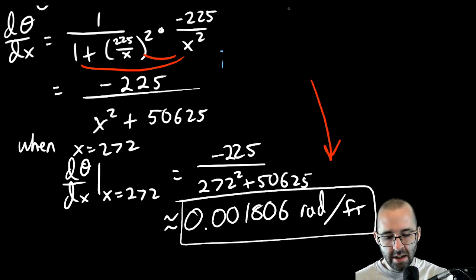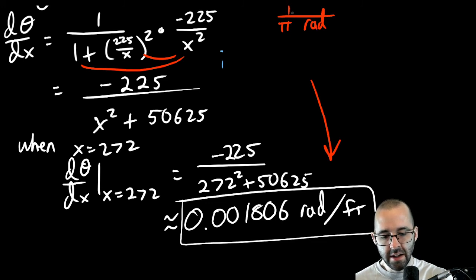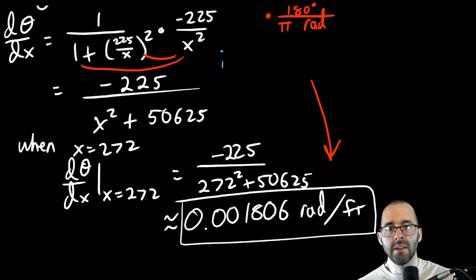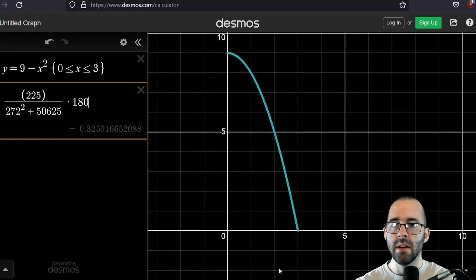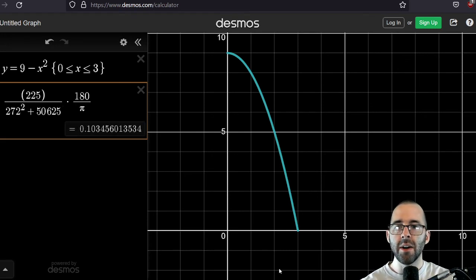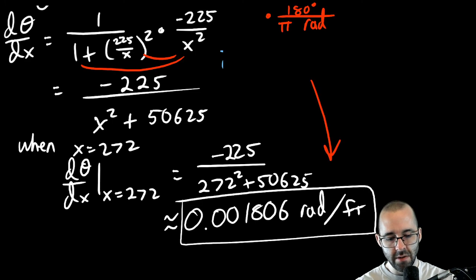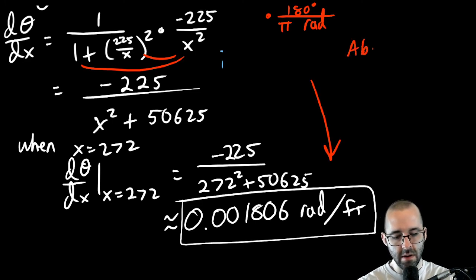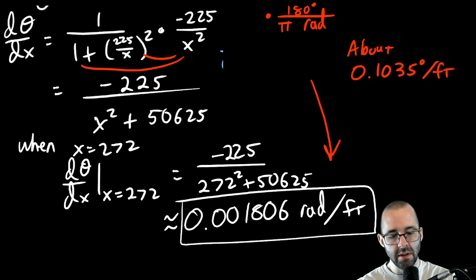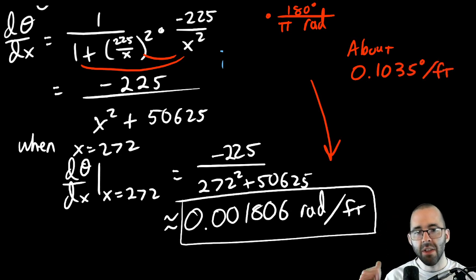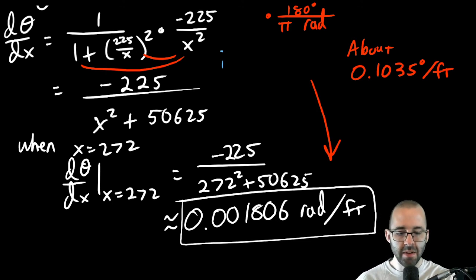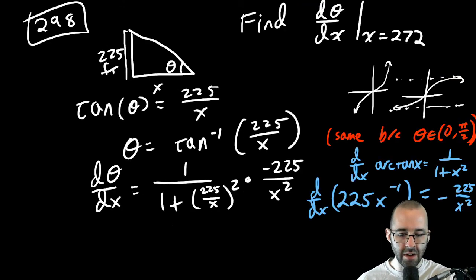We know that pi radians is 180 degrees, so we multiply by 180 over pi, and the radians on the top and bottom cancel. That'll be about 0.1035 degrees every foot. So at this specific moment in time, this is about 1/10 of a degree every foot.